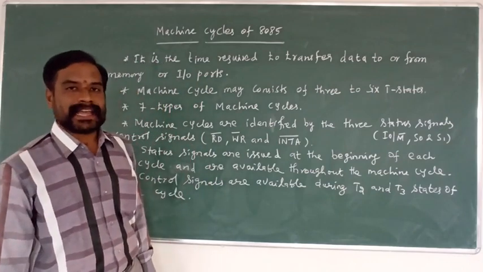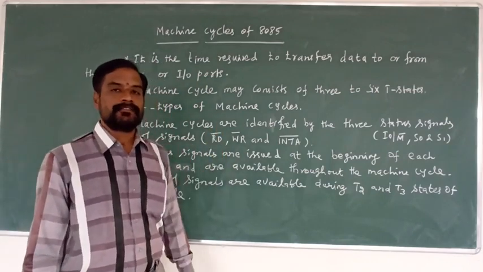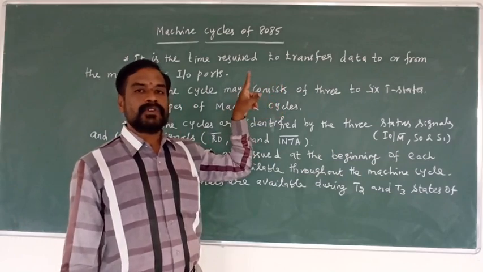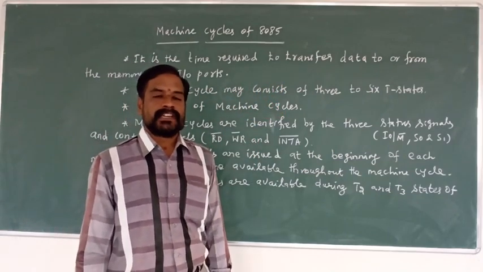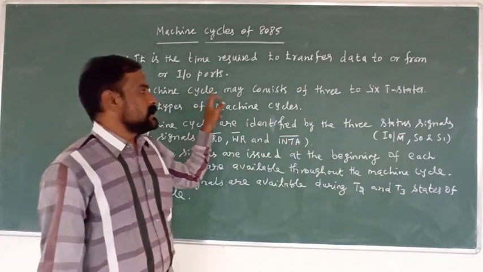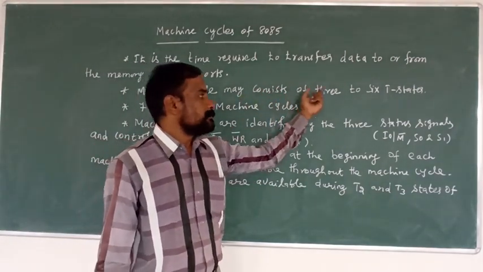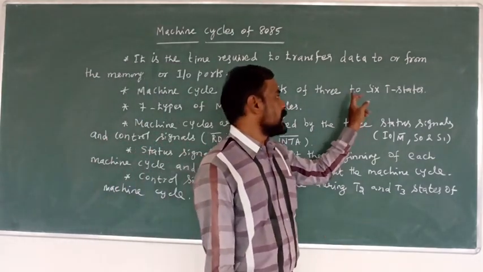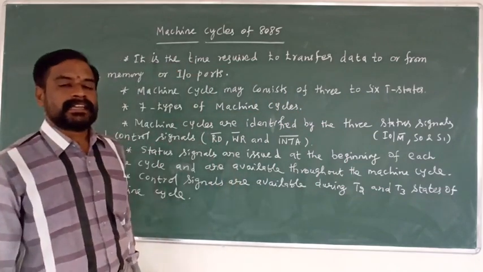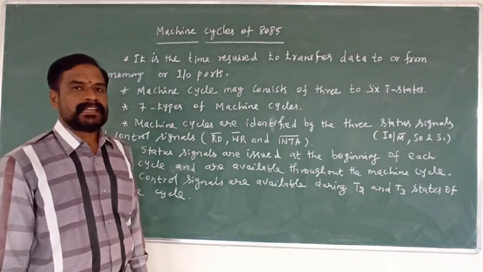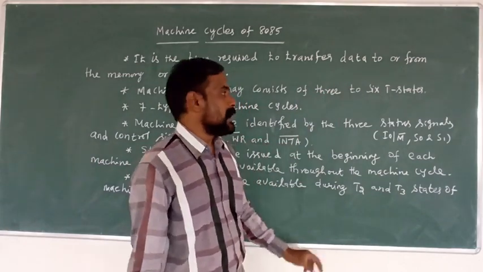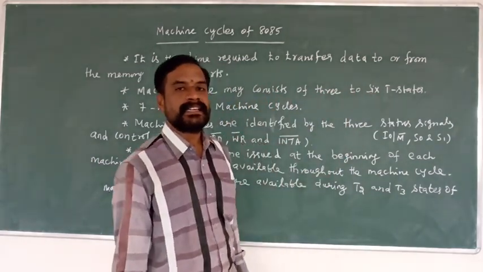A machine cycle consists of a minimum of 3 T states and a maximum of 6 T states. Any machine cycle requires minimum 3 T states and maximum 6 T states.